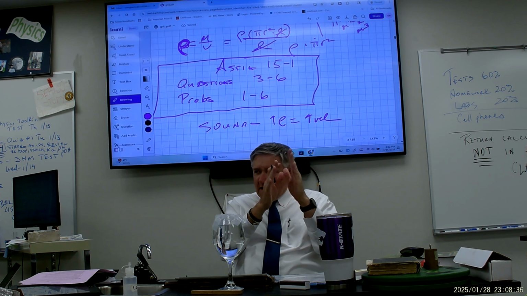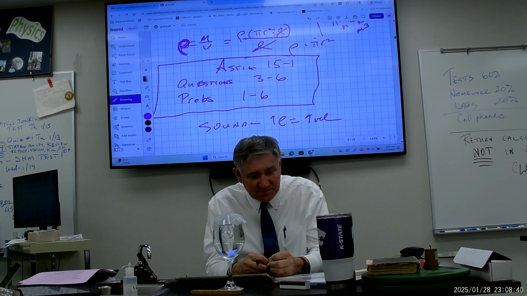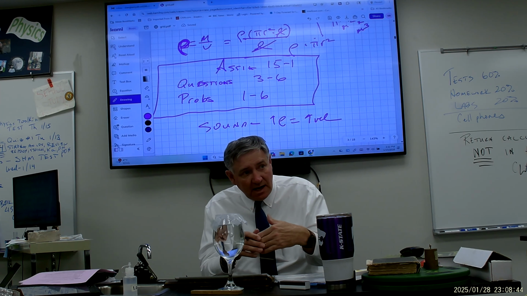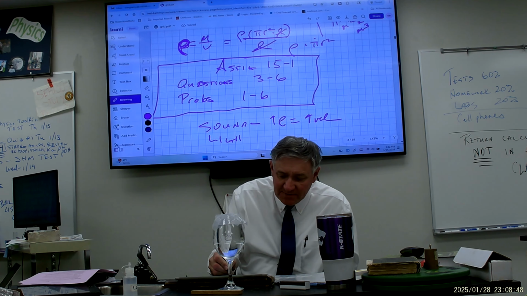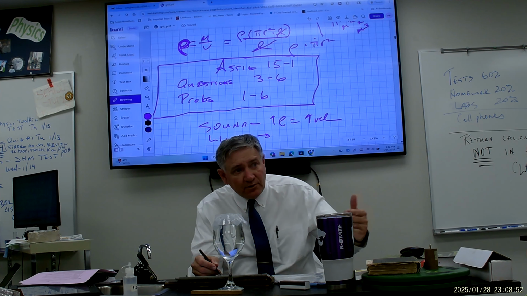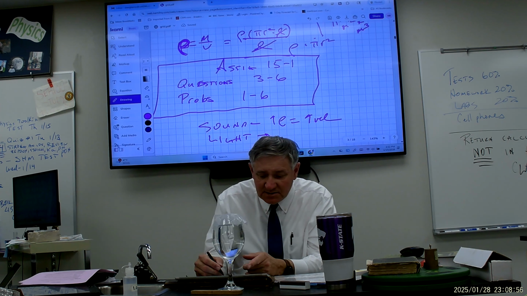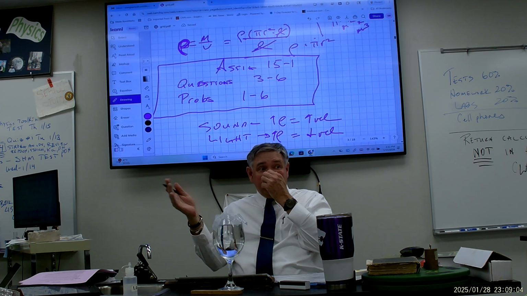So with sound, the denser the medium, like water, sound in water travels much faster than sound does in air. Light is just the opposite. Light travels slower in water than it does in air. So with light, if you increase the density, you actually slow it down, which is how refraction works, which we'll get into later.